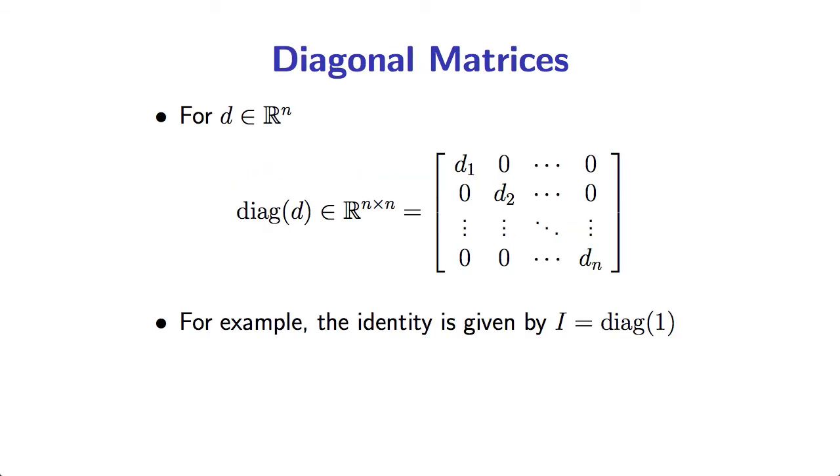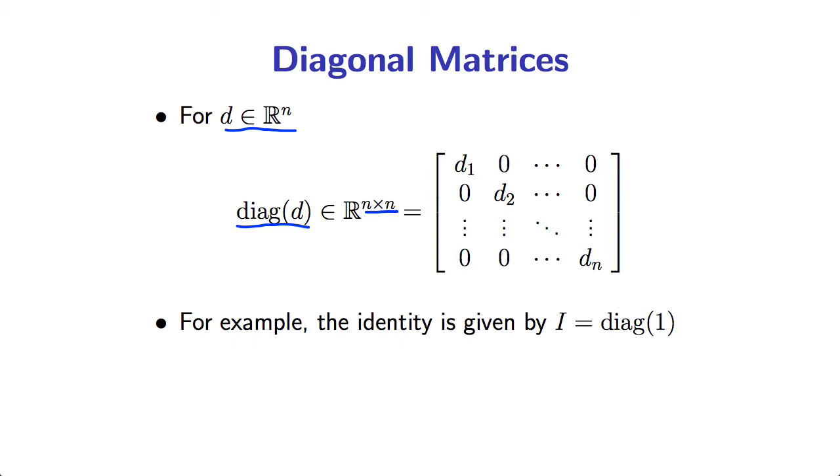Another special type of matrix which comes up a lot are diagonal matrices. A diagonal matrix is defined first using some vector d in R^n. A diagonal matrix, which we'll denote diag(d), is going to be an n by n matrix, where all the elements of this matrix are 0, except the diagonal elements, which have the elements of d on the diagonal of this matrix.